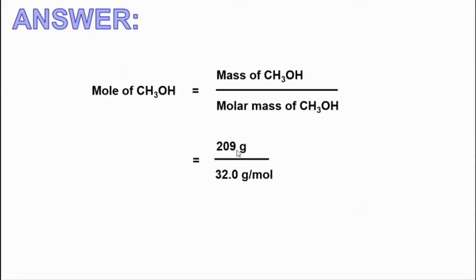So the mass of methanol is already given in the question, which is 209 grams divided by 32 grams per mole, and we are going to get 6.5313 moles of methanol. Okay, so this is the mole of methanol combusted in the reaction, right?